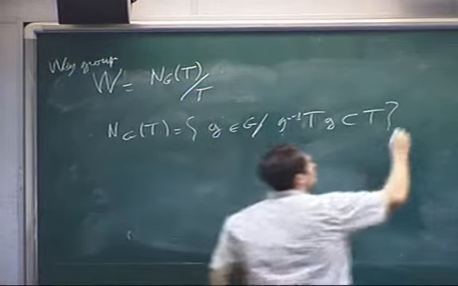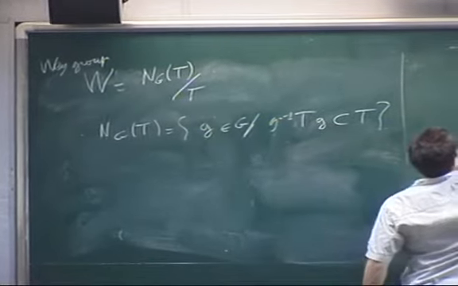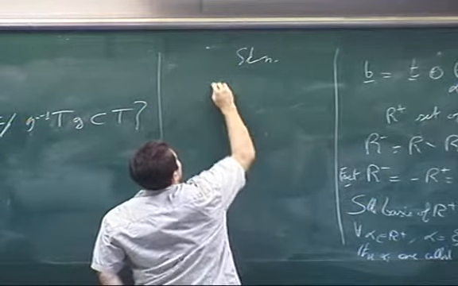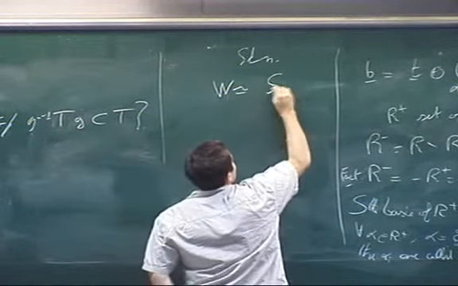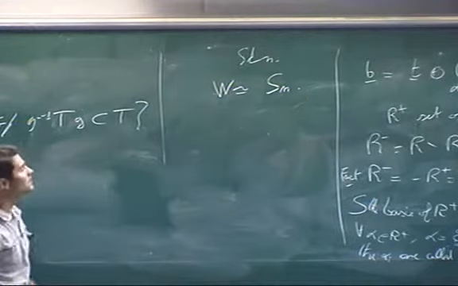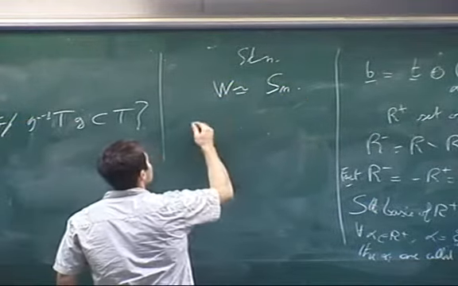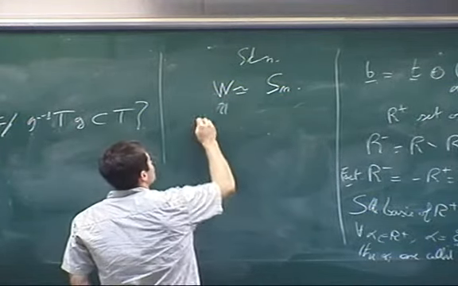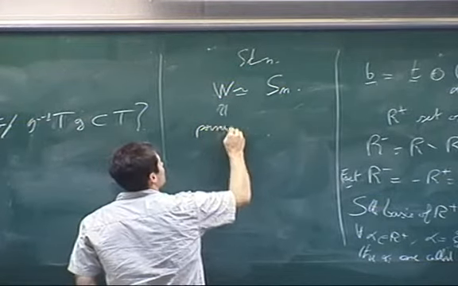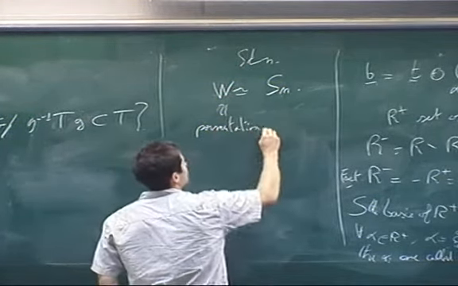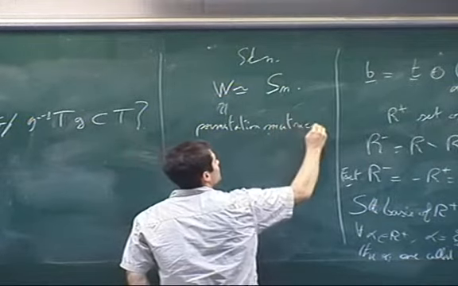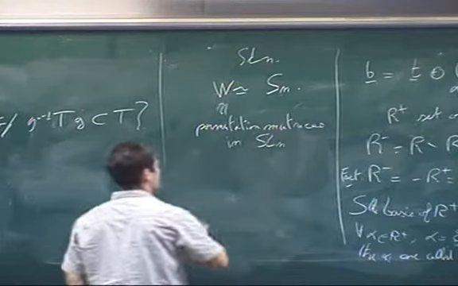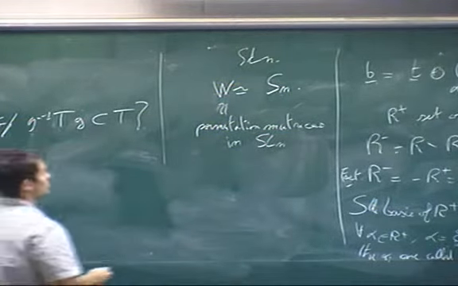And for SL_n, we can compute this group, and we will see that W is the symmetric group S_n, and we can see it as the set of permutation matrices in SL_n.